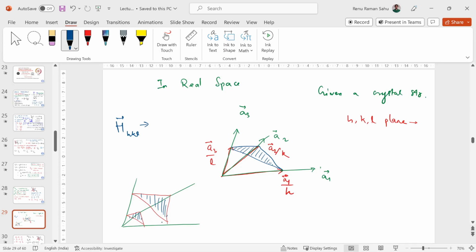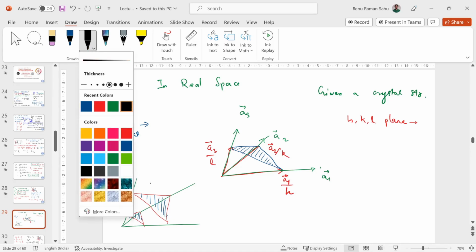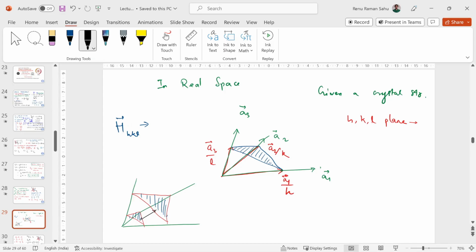So the distance between these planes is d of hkl. These are the hkl planes, and we are going to show that h of hkl has a magnitude of 1 by d hkl. So these are the claims, and h of hkl is perpendicular to this plane. I hope these two points are clear.